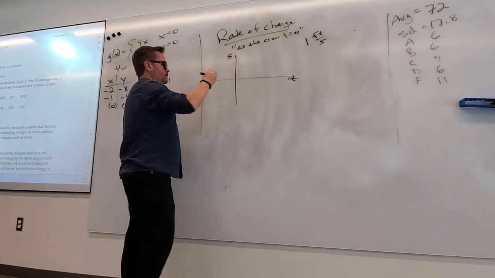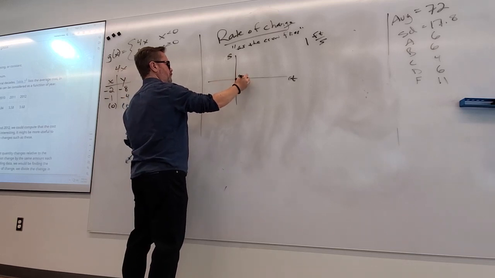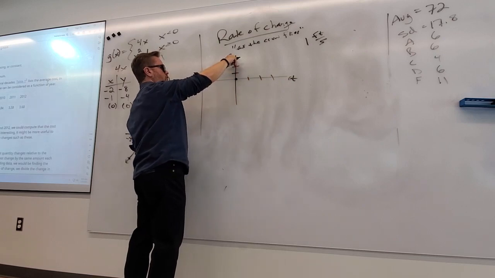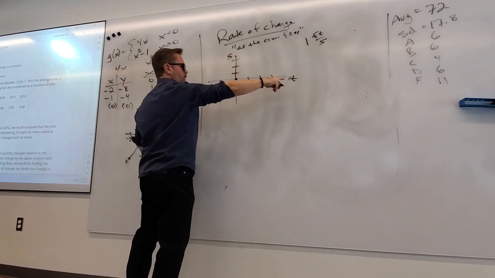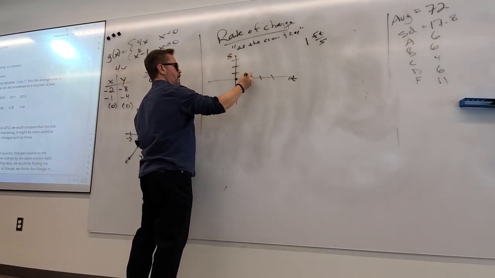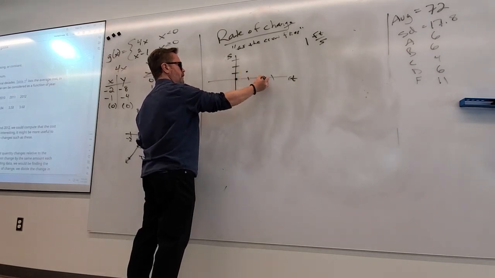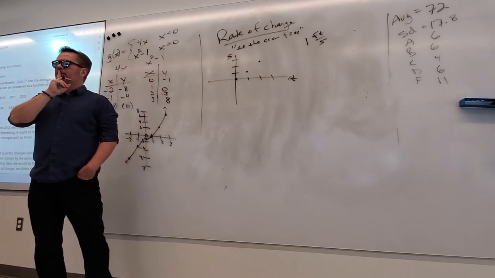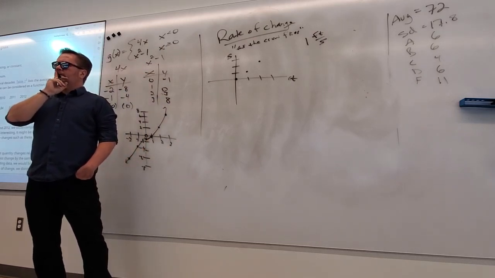So if I start at 0, 0, after 1 second, where am I? This S normally means position, and T, of course, means time. So after 1 second, I'll be 1 foot away. After 2 seconds, I'll be 2 feet away. Are you all with me? Okay.